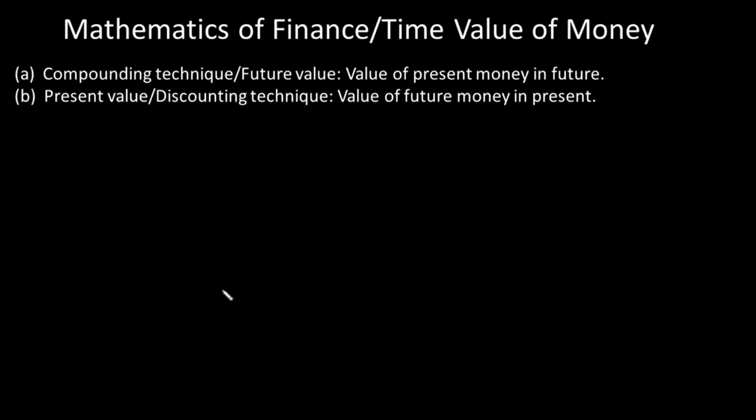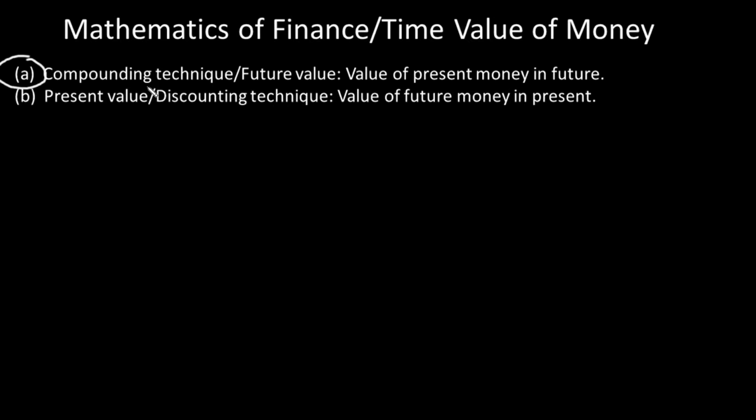Basically, the value of today's money is different from the value of the same money at some other point in future, right? There are two main concepts in this chapter, and in this particular video I'll only focus on concept 1.